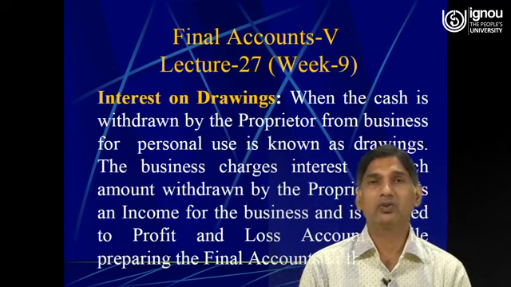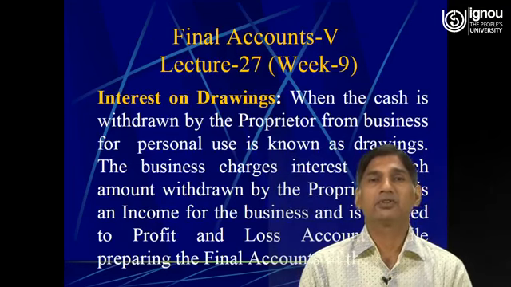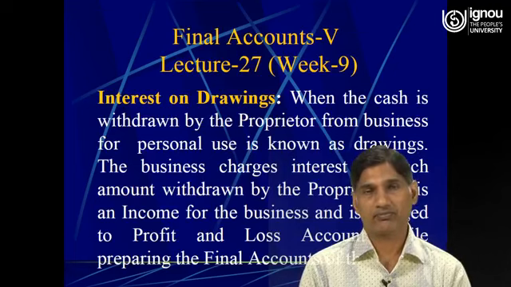When the goods or cash is withdrawn by the proprietor for his personal use, it is known as drawing. It is an income for the business and is charged to the profit and loss account while preparing the final accounts of the firm.